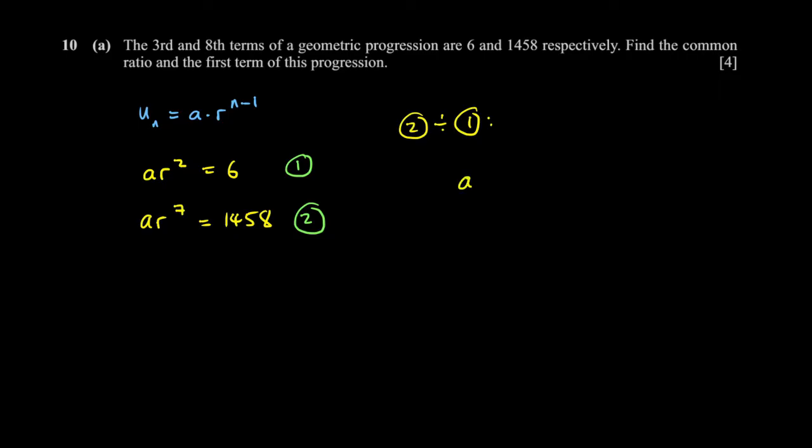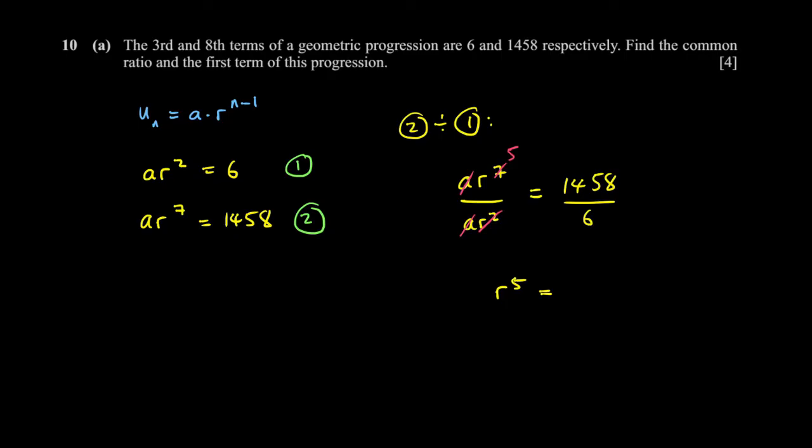So we're going to get ar to the power of 7 divided by ar to the power of 2 is equal to 1458 divided through by 6. So we can cancel off the a's, right? And we can divide through by r squared, which makes that r to the power of 5. So what we're left with then is r to the power of 5 is equal to 1458 over 6.